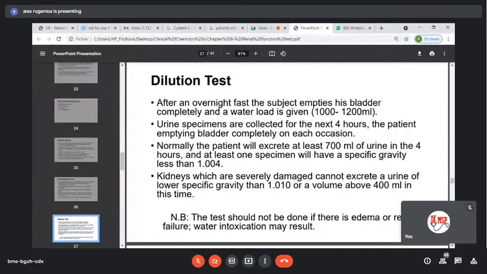Normally, the patient will excrete 700 milliliters of urine in 4 hours, and at least one specimen will have a specific gravity less than 1.04. So a kidney with severe dysfunction cannot excrete urine with a lower specific gravity than this, or more than 400 milliliters in this time.